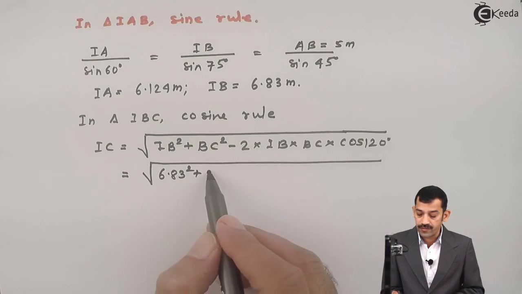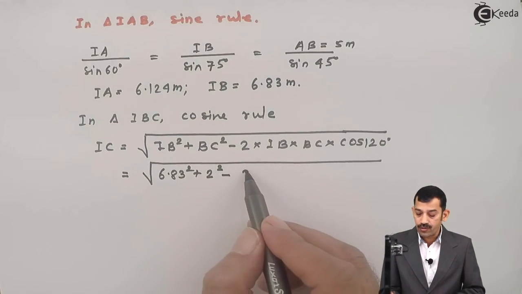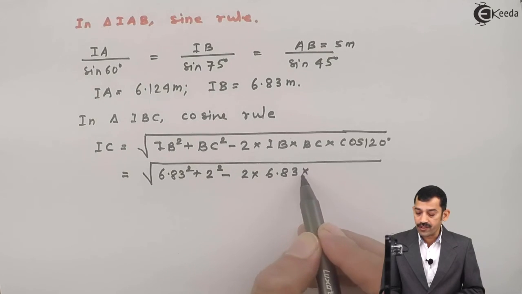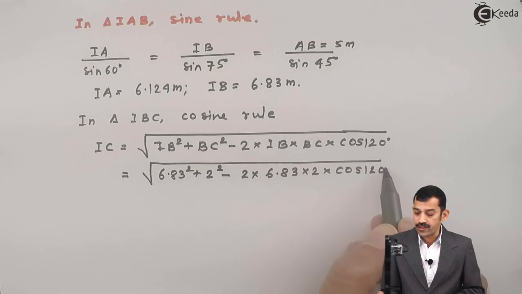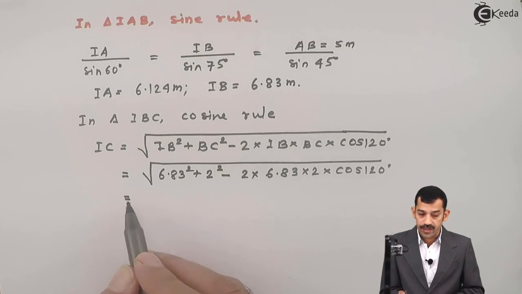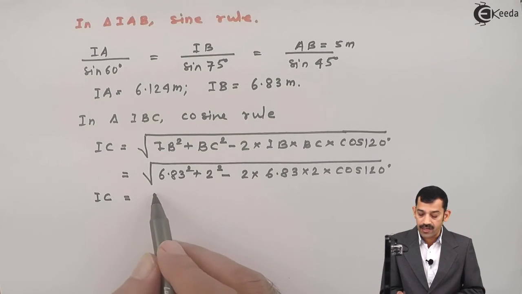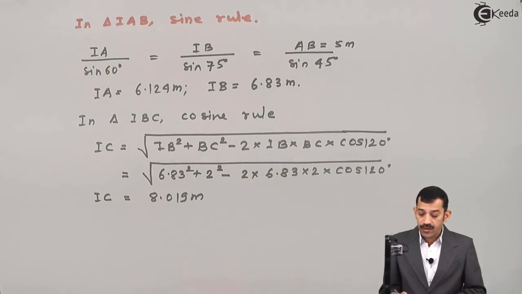BC length is given, it is 2, so 2 square minus 2 times IB is 6.83, BC is 2 and angle is 120 degree. Using calculator you will find this length IC comes out to be 8.019 meters.